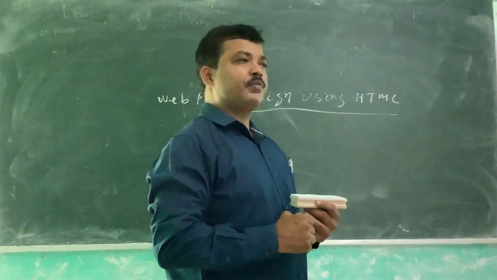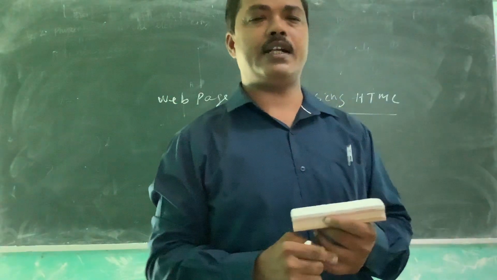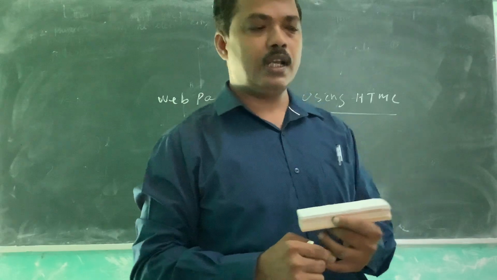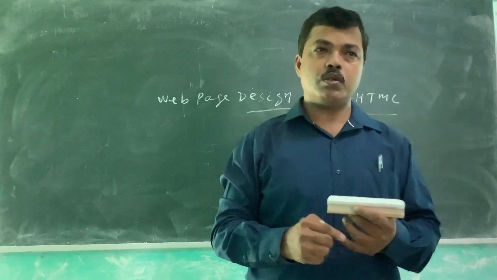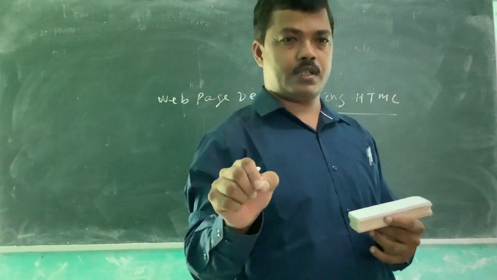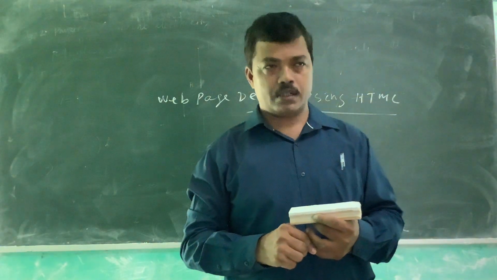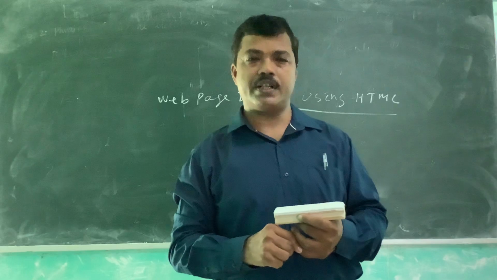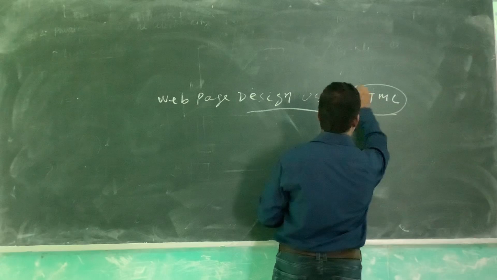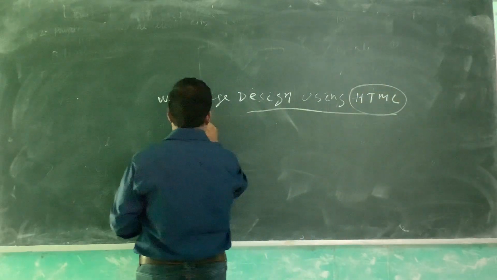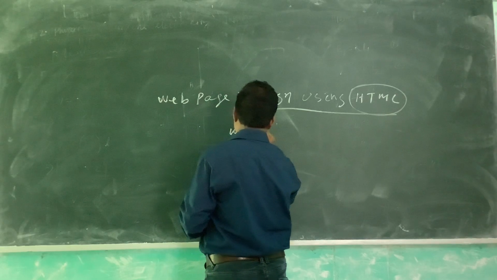A website is nothing but a collection of interrelated web pages, like the pages in your book. Each and every web page contains some information regarding a particular topic of interest. Before clarifying HTML, we are going to discuss what is a website.